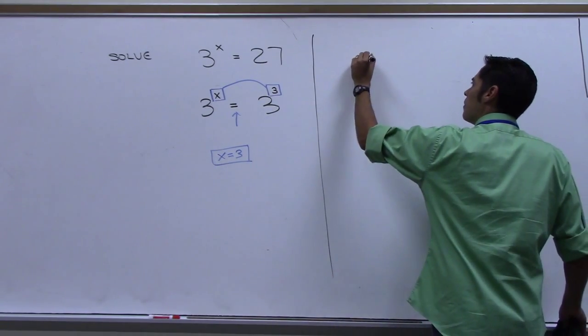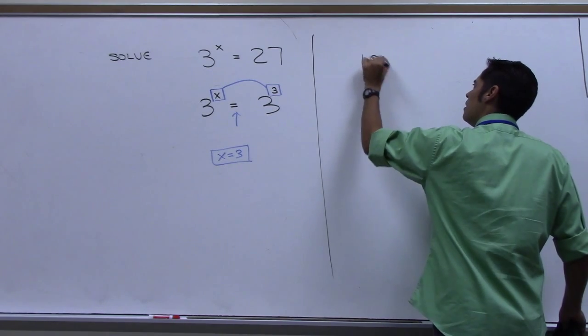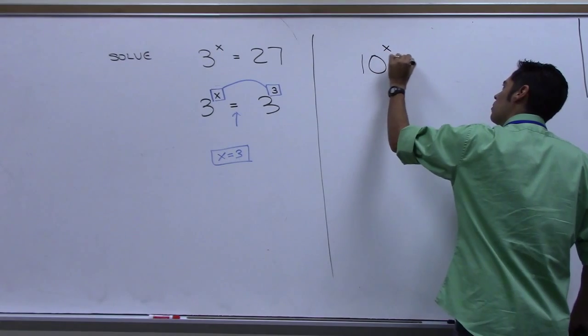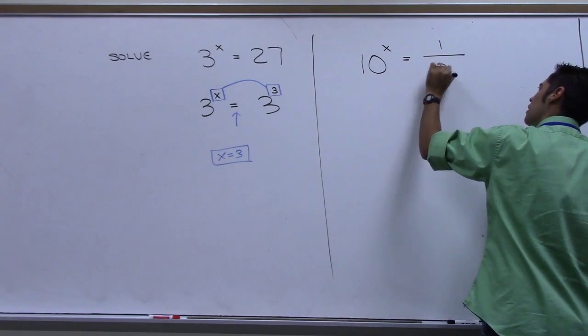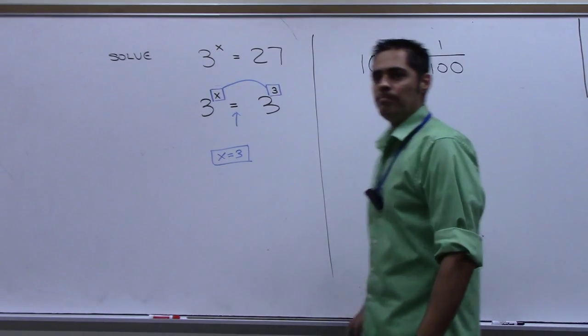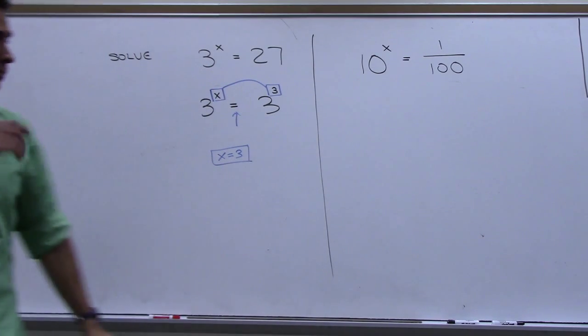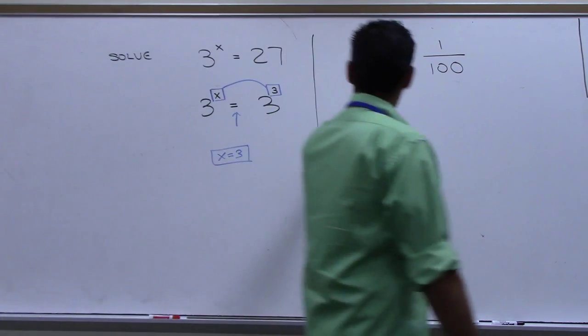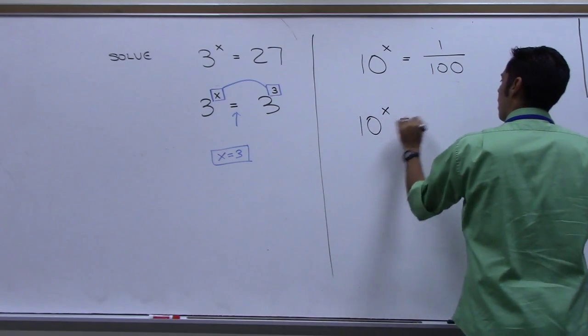Let me give you another one that's a little easier. How about 10 to the x equals 1 over 100? You look at the left side, you see 10 to the x. Can you rewrite the other side as a power of 10? 10 to the negative 2. I'm going to do it a little slower.